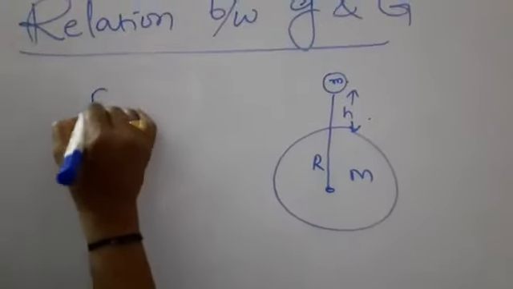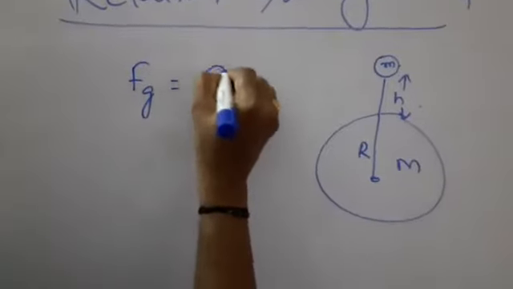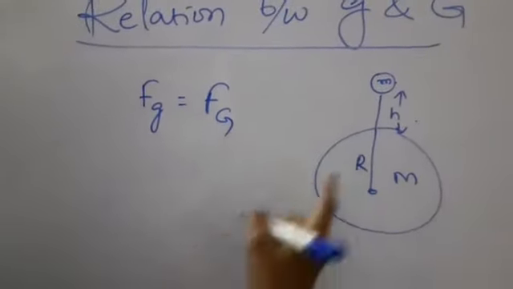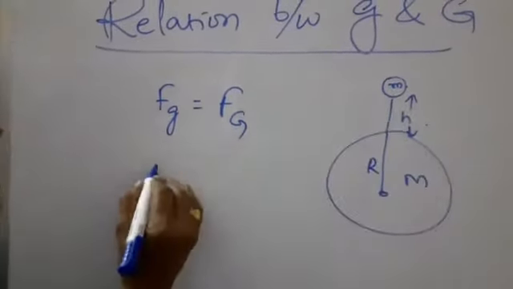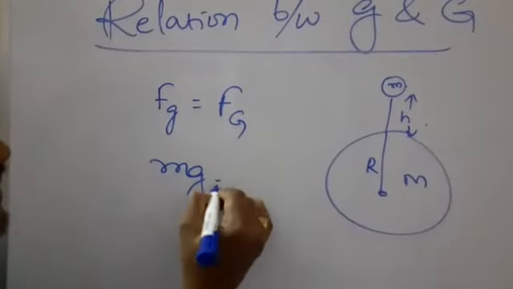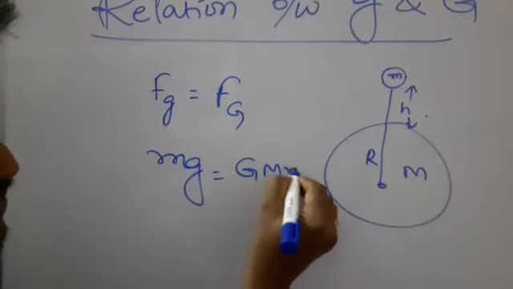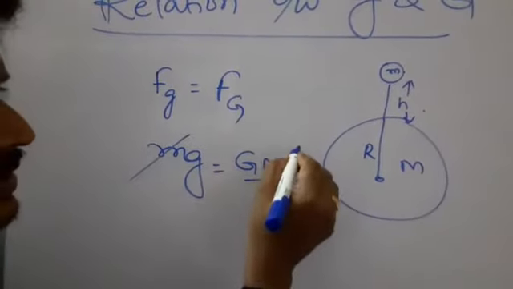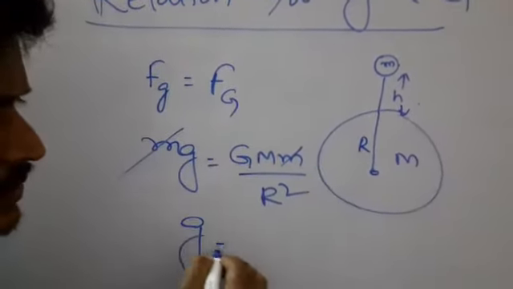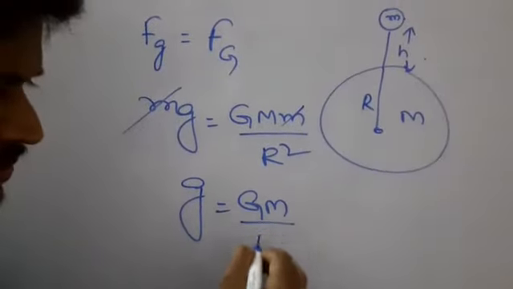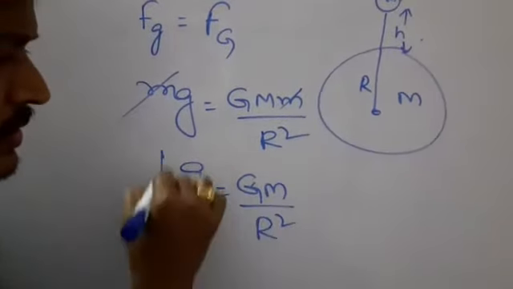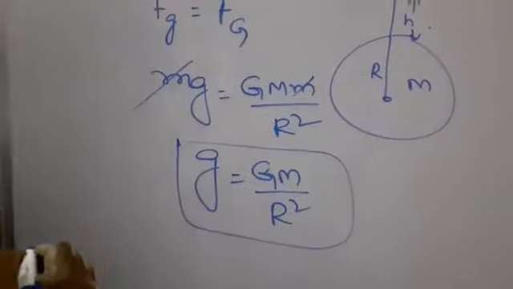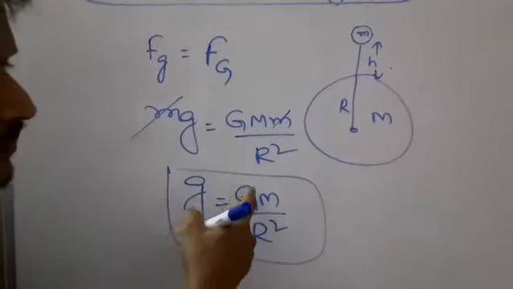The weight of the object is balanced by the gravitational force between these two. So mg is equal to G capital M small m by R square. The m gets cancelled, so g is equal to GM by R square. This is the relation between small g and capital G.